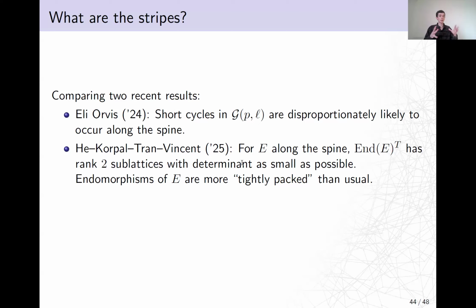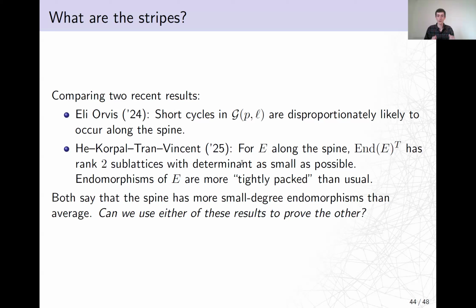In other words, the endomorphisms are more tightly packed than they would be for a typical supersingular elliptic curve. So both of these results, though they're proved in very different ways using very different tools, are addressing the same phenomenon: that the spine has more small degree endomorphisms than a typical supersingular elliptic curve.